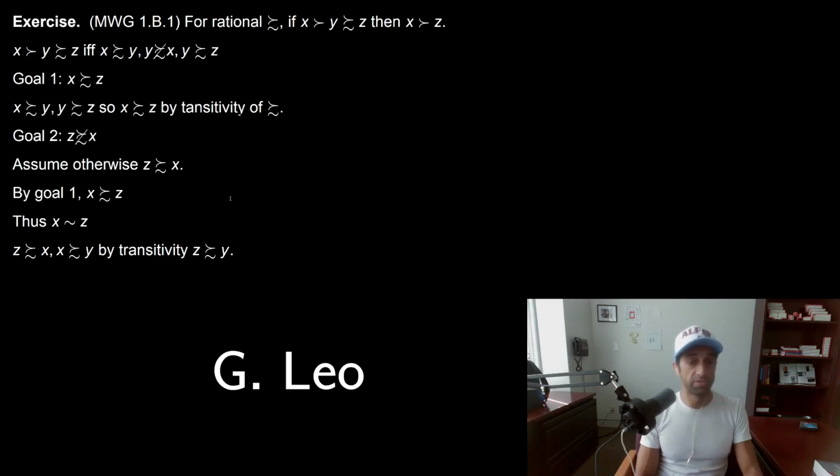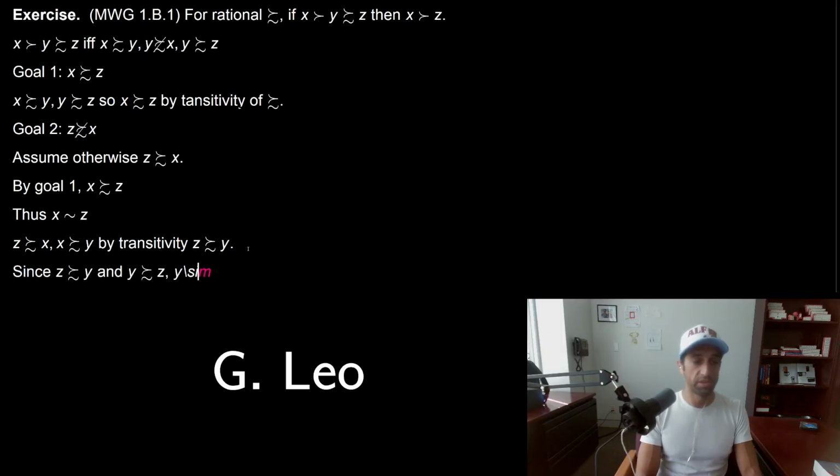And y is at least as good as z. Since z is at least as good as y, and y is at least as good as z, y is indifferent to z.